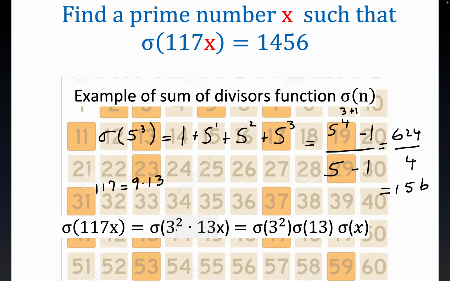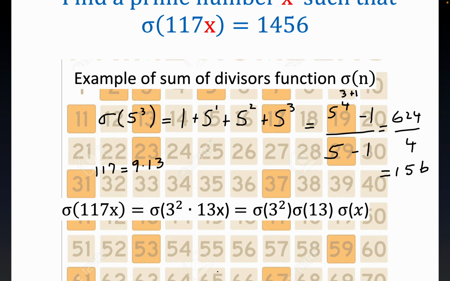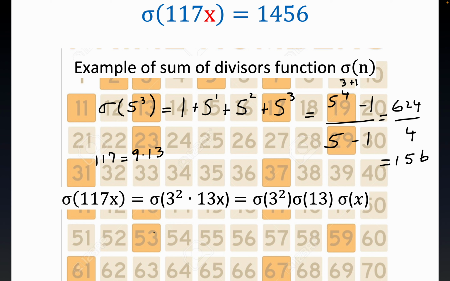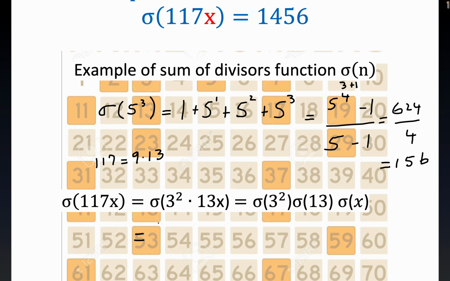3 squared is one of the factors here. 13 is one of the factors. And x, which is, remember, a prime. X is a prime. So we've already seen how to do sigma of a prime power, right? Even the prime or a prime power. So let's see what this does for us. Again, just trusting this result right here, this would be 3 cubed minus 1 over 3 minus 1, which is 2, right, folks?